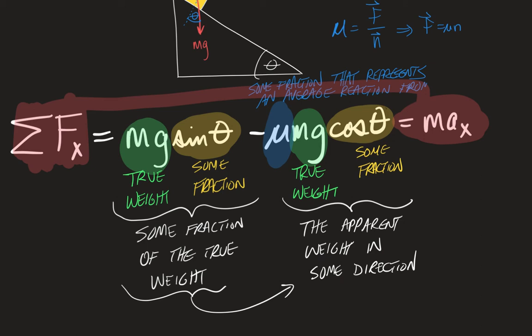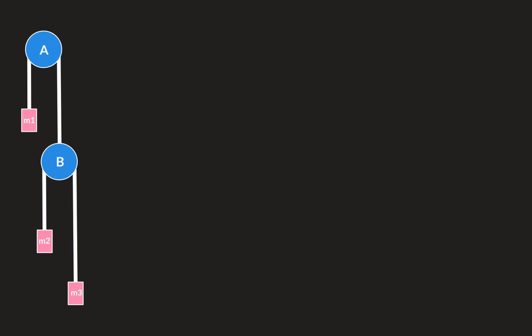And now I want to do another clarity-making exercise here. You had some notes, and you'll have some problems on an Atwood machine, but the Atwood machine that you're going to be required to solve for is far simpler than this one. And the goal here isn't to do a bunch of complicated math.